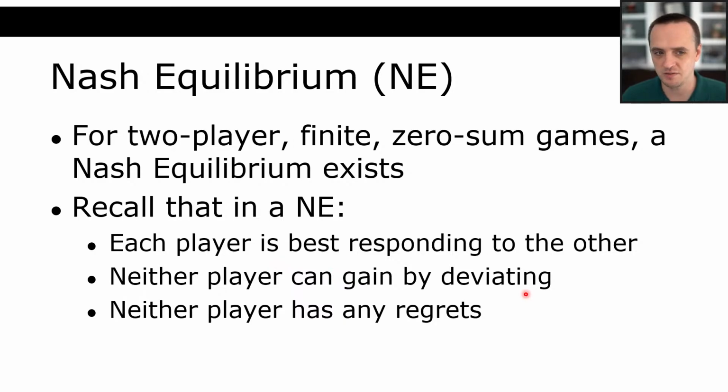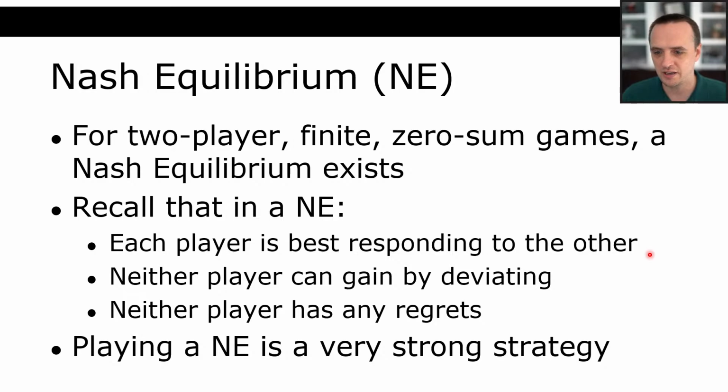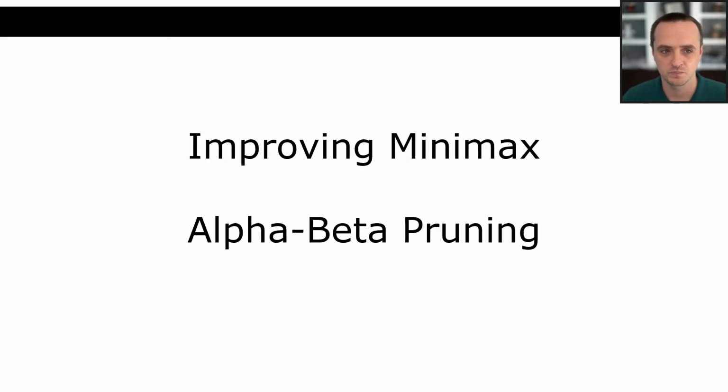Neither player can gain by deviating, and neither player has any regrets. So playing a Nash equilibrium is a very strong strategy. Cool. That's MiniMax. MiniMax will approximate the Nash equilibrium. We've already shown that playing the Nash equilibrium is something you probably want to do. Therefore, MiniMax is going to give you a very good move.